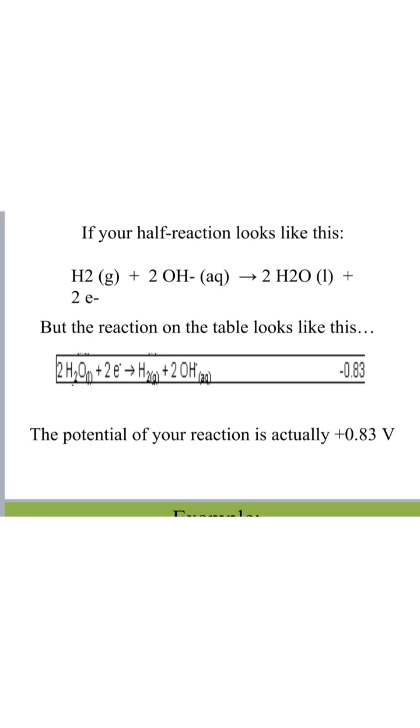If you need it to be an oxidation reaction, you just flip the reaction and flip the sign of the cell potential. So let's say that your half reaction looks like H2 plus 2OH yields H2O plus 2 electrons, but on the reaction table it looks like what is shown. Then we would just change the sign of our cell potential in order to make it work for the reaction that we need.